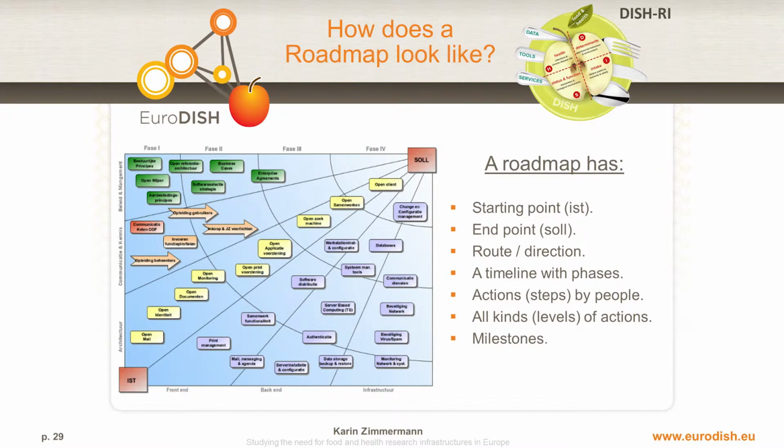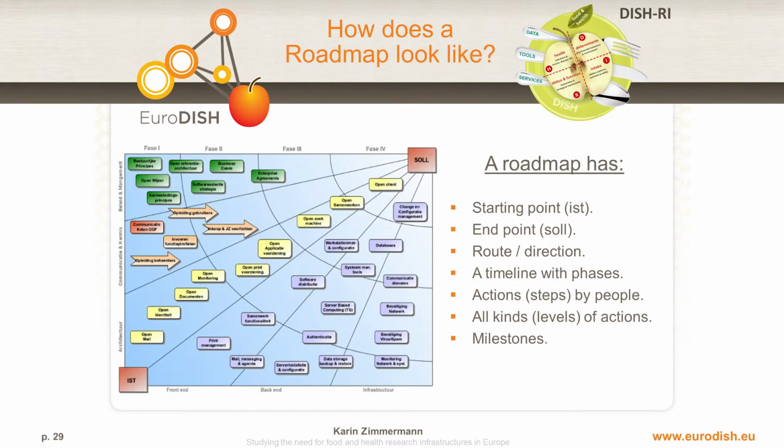And the last picture is the most complex one, just contributing to your imagination of what we are actually heading off to with EuroDISH. Just another picture: starting point, end point, east to Seoul.